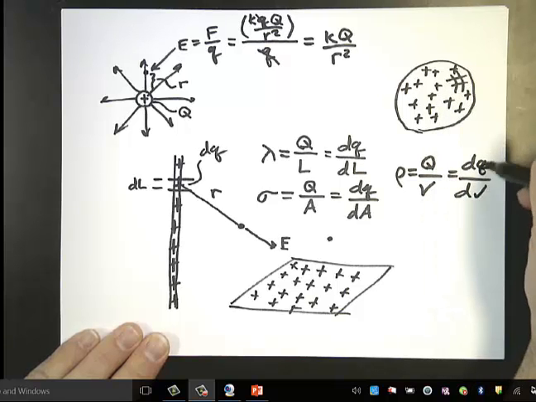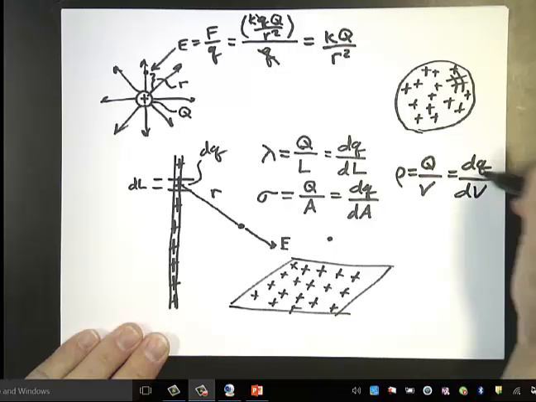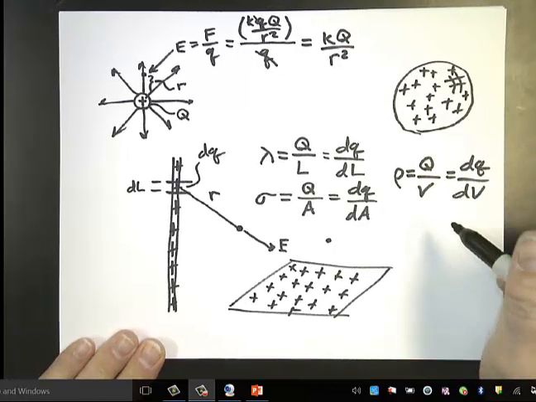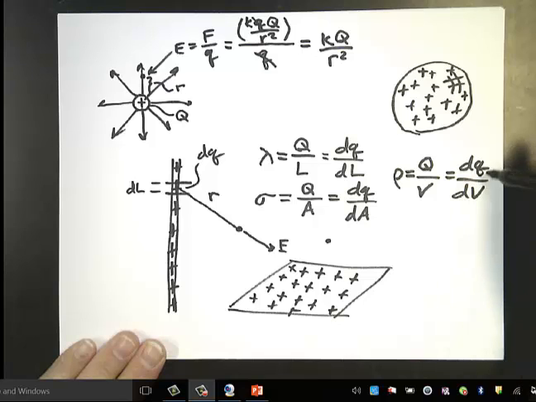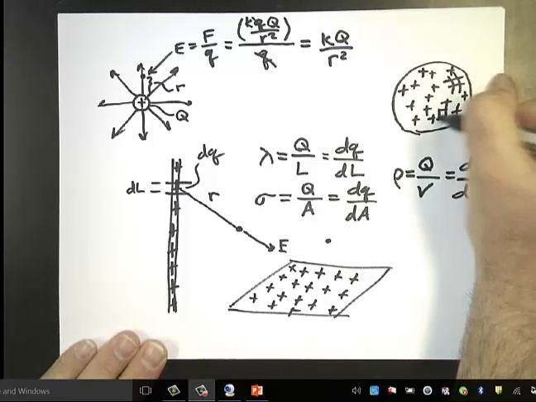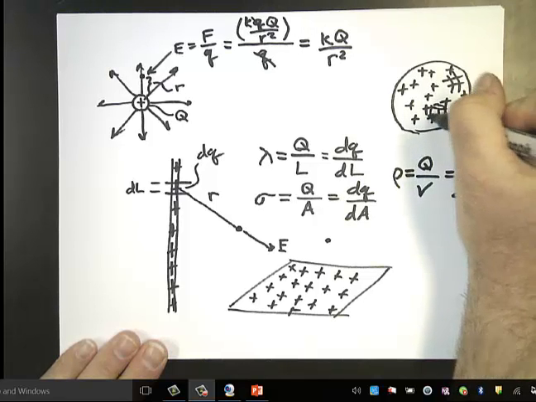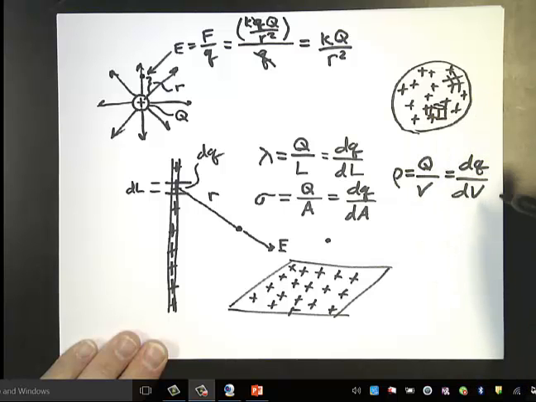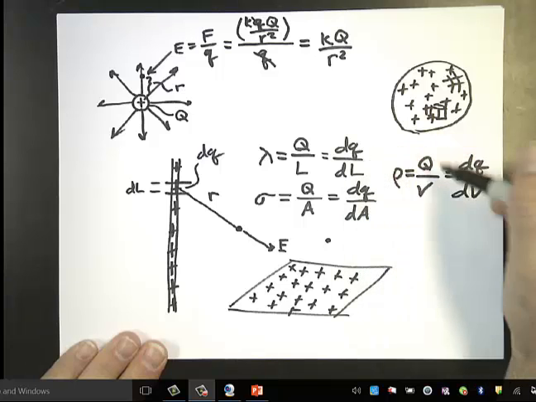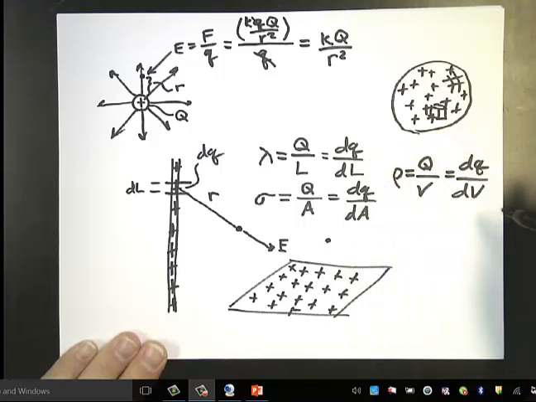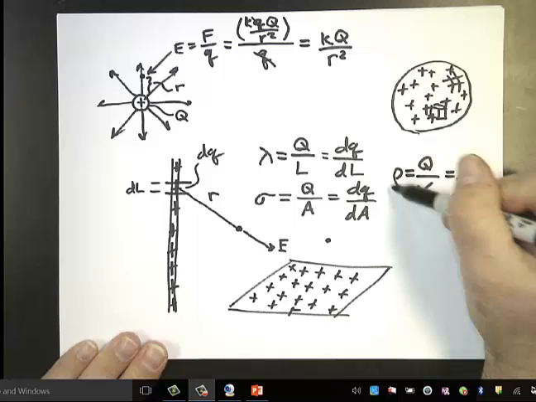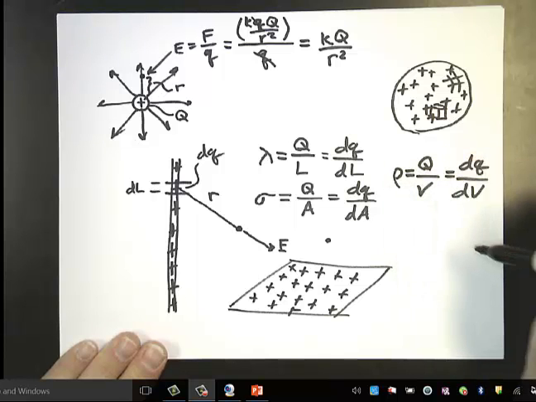Or I take a little teeny tiny piece of that volume and it's got a certain amount of charge. If the charge density is uniform, every little tiny bit of volume of this guy will have an amount of charge so that the ratio of charge to volume is constant, if it has a constant density. If it doesn't have a constant density, then rho may have an equation related to it.